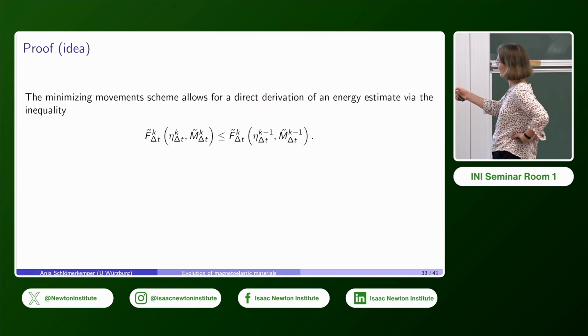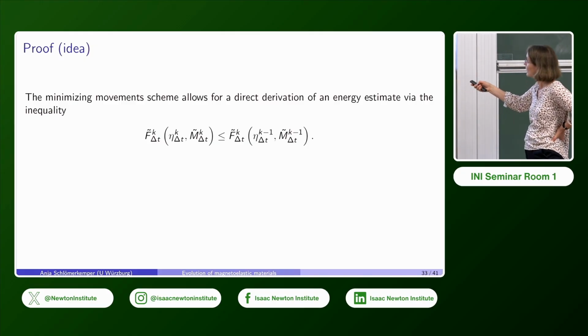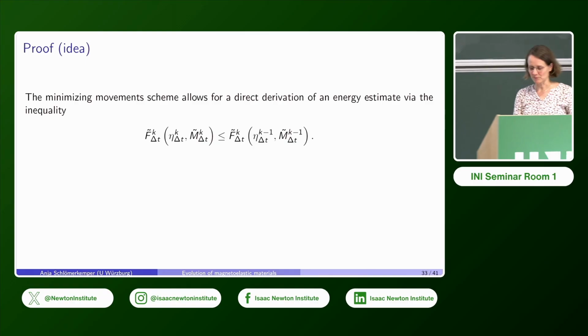And what we'll do is then, for each time step k, we look at the minimization, and then we assume that we know the minimizer at step k minus 1, two functions. And then at step k, we know that the functional needs to be bigger if we evaluate it at k minus 1 expressions than the one that we are now looking for at time step k.